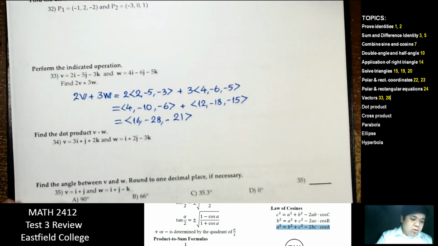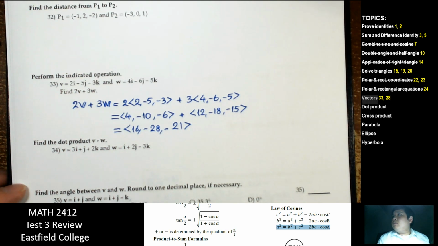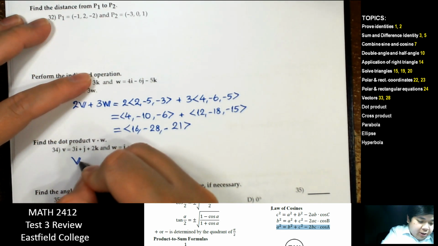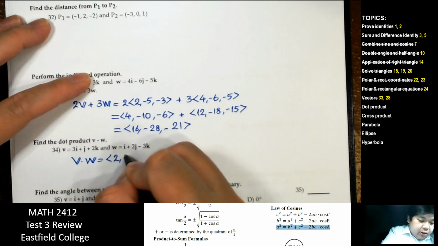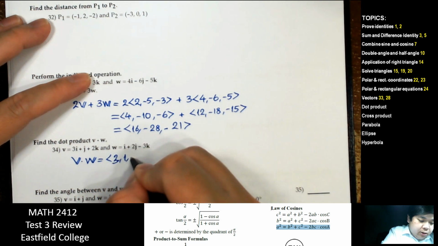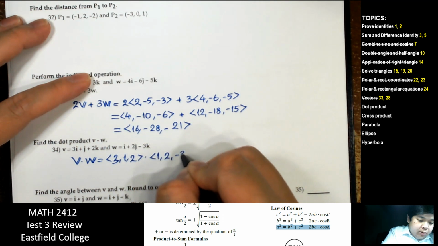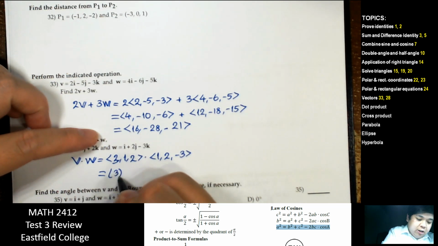Next, let's do a dot product. So we just multiply.